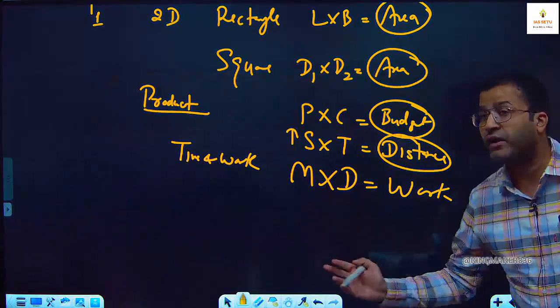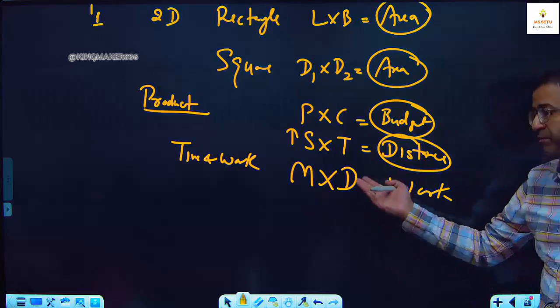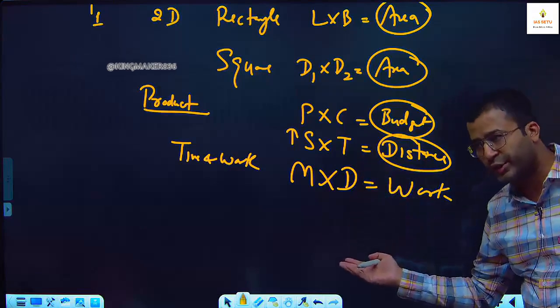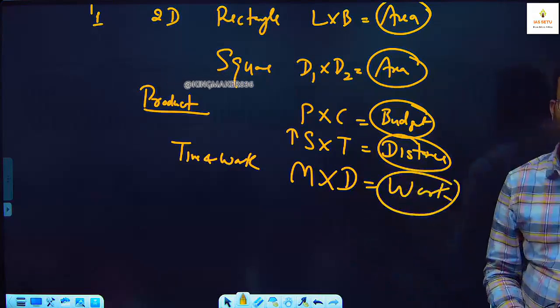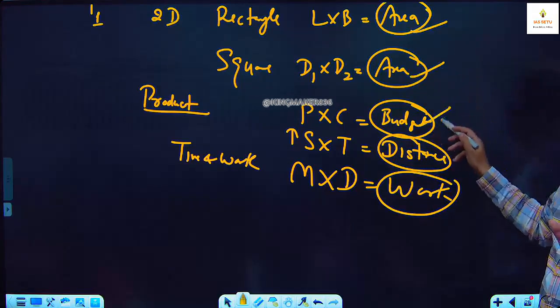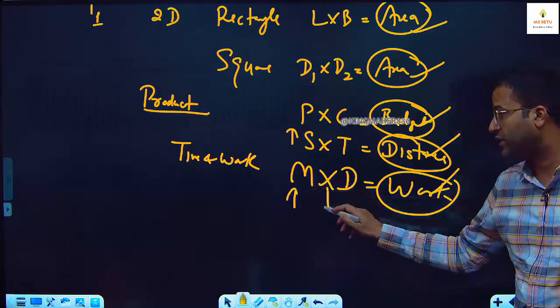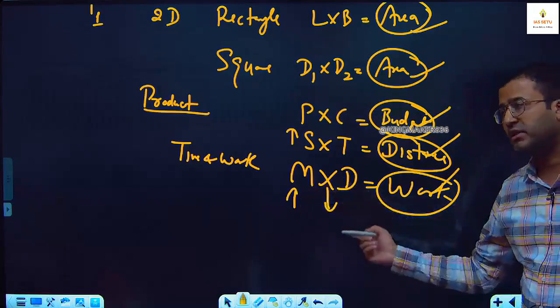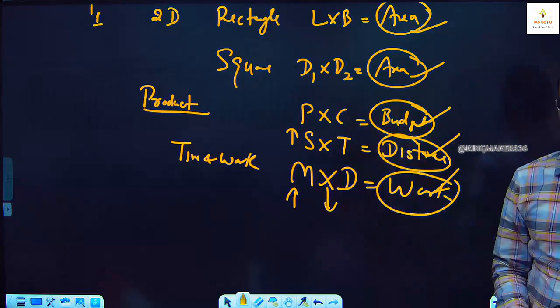The question will be like: if the number of men increases by 25%, by what percentage will the number of days be reduced so that they do the same work? So what is important? Area same, budget same, distance same, work same, and there are two effects, one increase, one decrease. Increase given, decrease us; decrease given, increase us, and that we have to find within 5 seconds, and we can find.